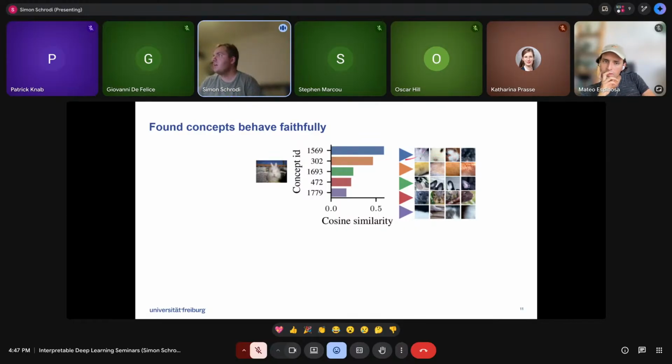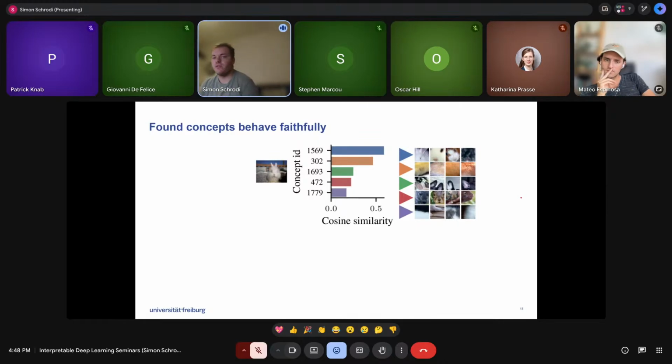And as you can see, we find concepts like the eyes or the face of this rabbit, then the fur, ears, and so on. So it's quite interpretable. There are really sensible concepts that you get out of this.